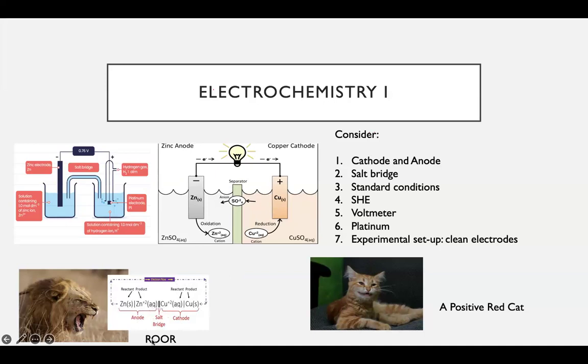The reason I say RAW is that you have the reduced version of zinc on the left, the oxidized version of zinc in the middle, the oxidized version of copper in the middle, and then the reduced version of copper on the far side. So that's how you're going to remember that.